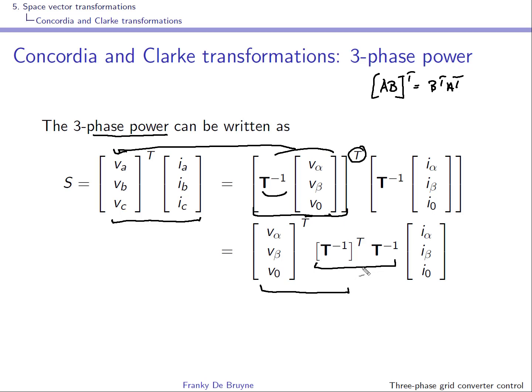So we'll have the relation between the three-phase power before transformation in the ABC framework, and the power after transformation to the alpha beta homopolar component framework. This computation you can again do using the symbolic toolbox of Matlab.